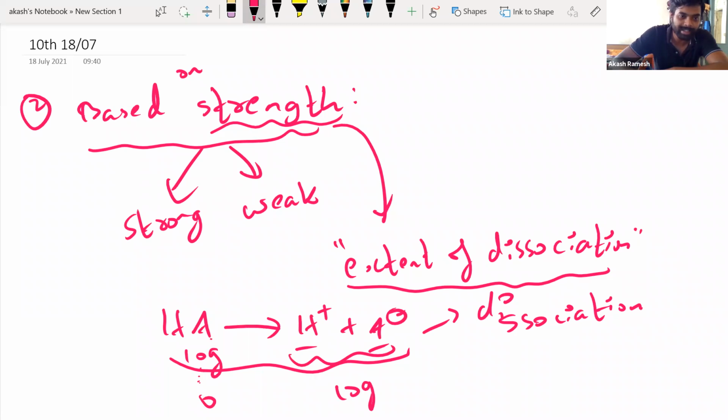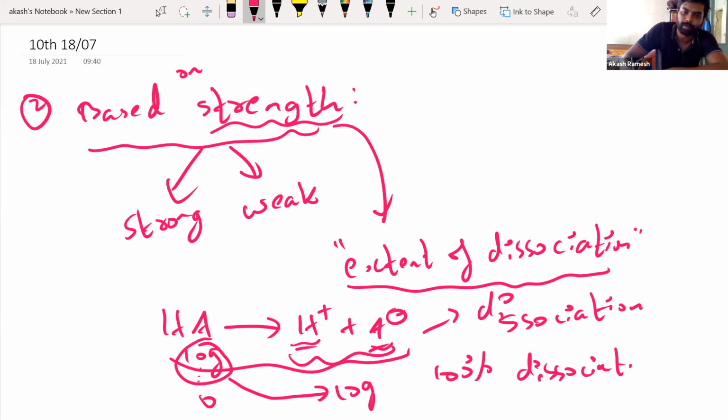This entire 10 grams of acid got dissociated to form H plus and A minus. So can I say 100% dissociation is happening? Whatever amount of acid I had initially, that entire 10 grams got converted into H plus and A minus. So that particular acid is undergoing 100% dissociation.